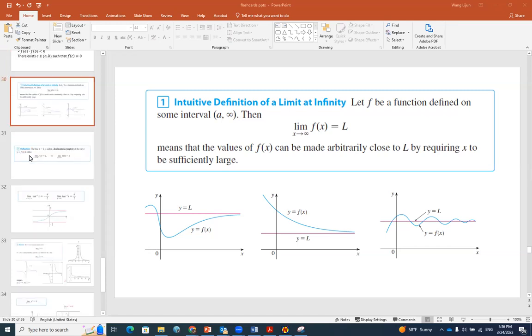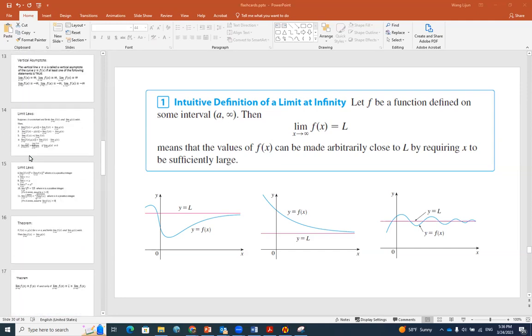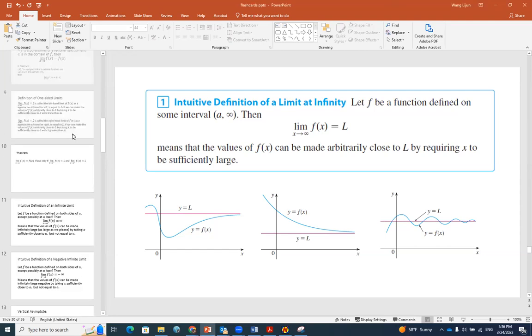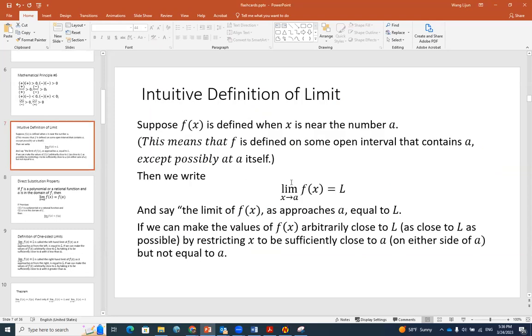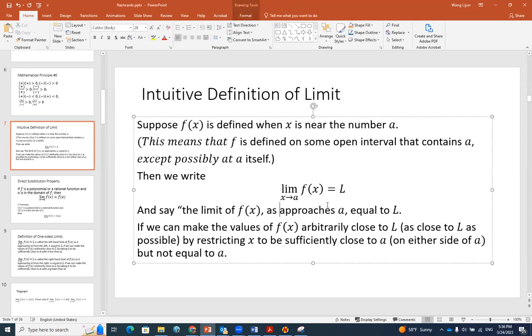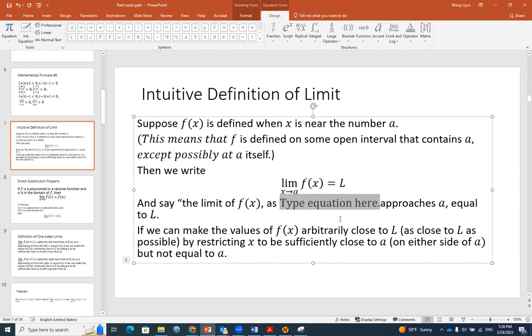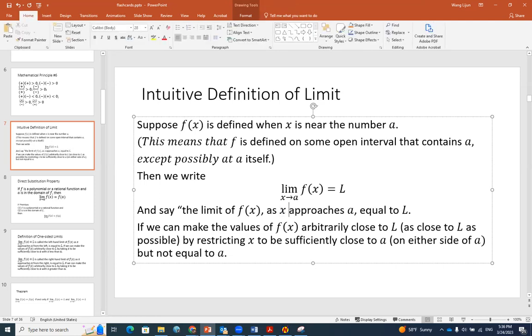And previously we had notation on limit, right? The intuitive definition of limit, which is right here. It says the limit of f of x as x approaching a. Oh, I'm missing an x there.